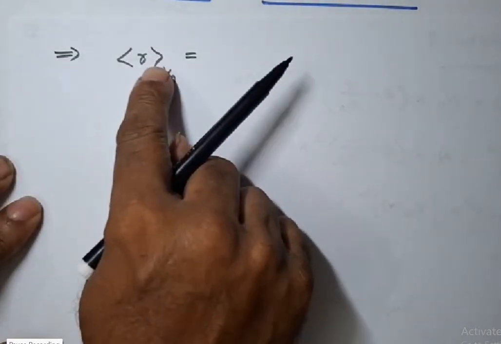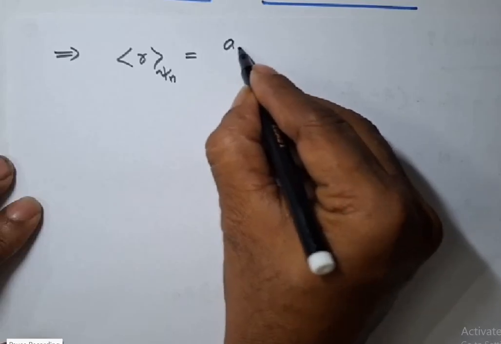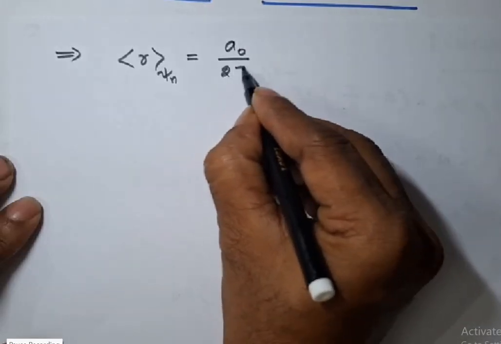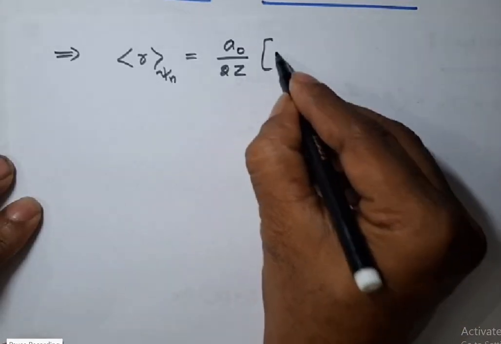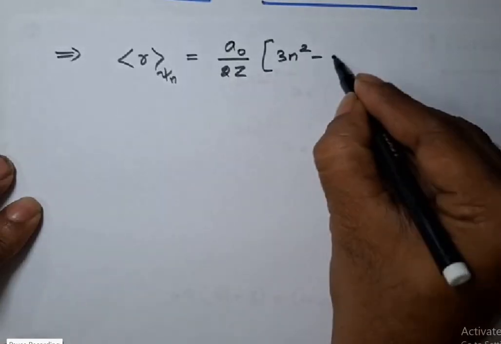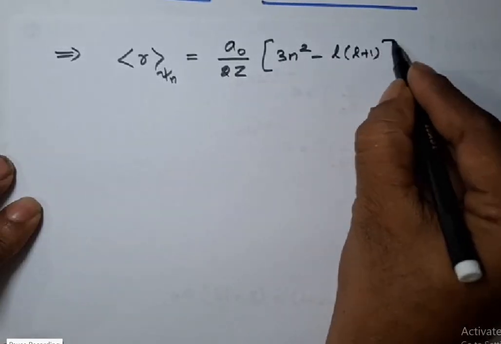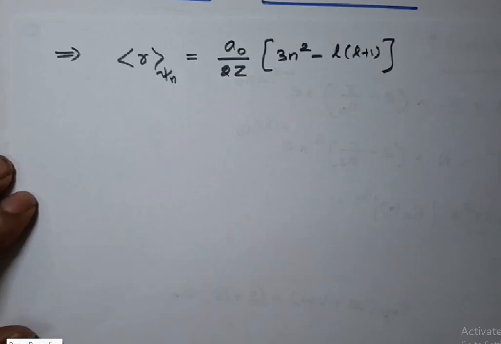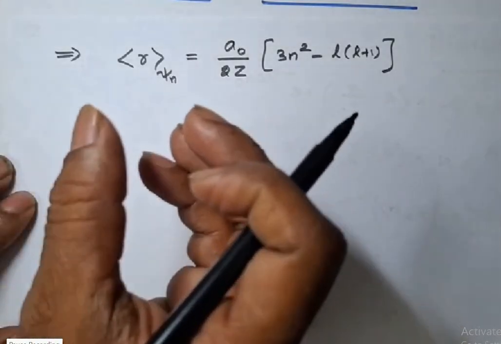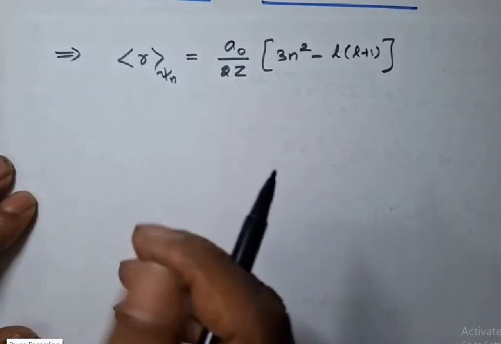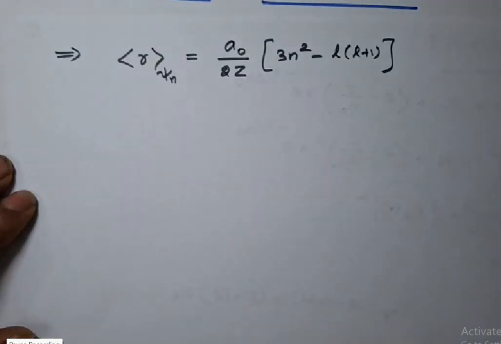You can find the average value of r using the formula a0 by 2 into Z, into (3n square minus l into l plus 1). This is the formula we use to calculate the average distance of the electron from the nucleus.